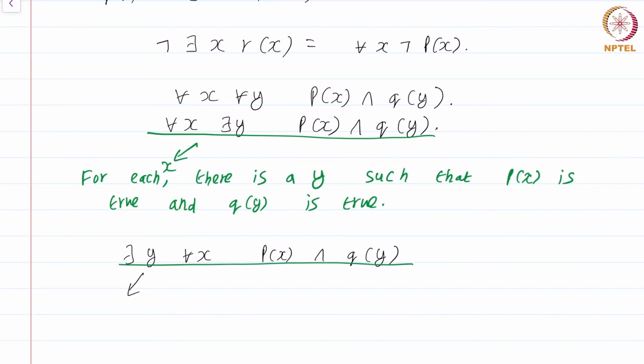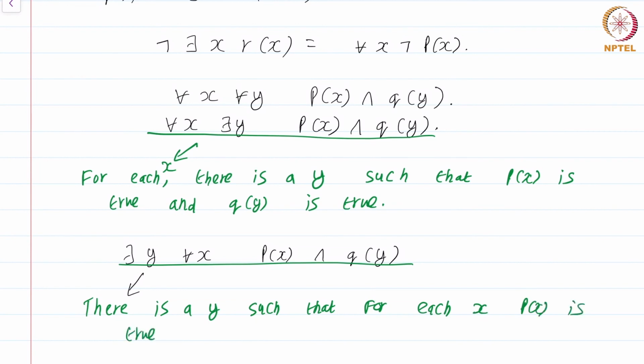There is a y such that for each x, p of x is true and q of y is true. So this statement says that there is a y such that for each x, p of x is true and q of y is true.